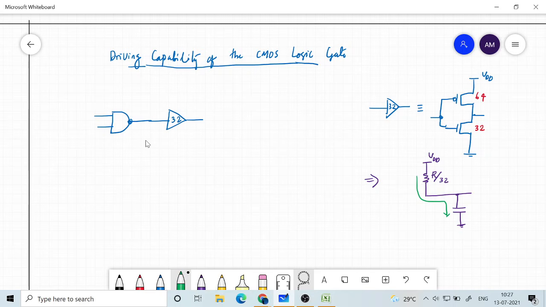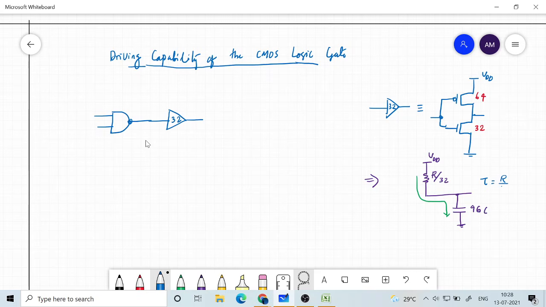The capacitance will get charged like this, and the time constant here. So this capacitance value is how much? It will be 64 plus 32, which is 96. So the capacitance will be 96C. So the time constant, if you calculate, will be given by RC.